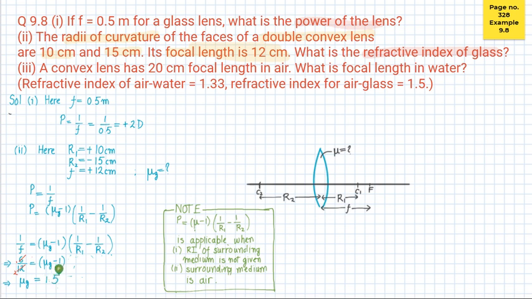Therefore, the refractive index of the given convex lens which is made of glass is 1.5. Anyway, the refractive index of glass is always 1.5. So we can verify from here also.